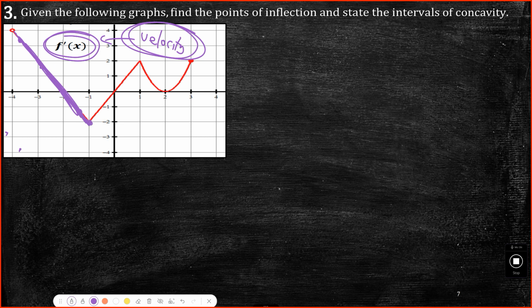And here, the velocity, I'll keep going with Rufus. What's the velocity here, Rufus? Negative. The velocity is negative. The velocity is 0. The velocity is what? Positive.